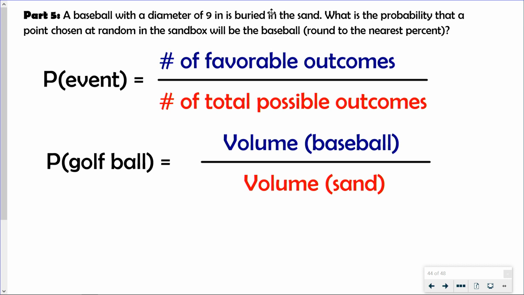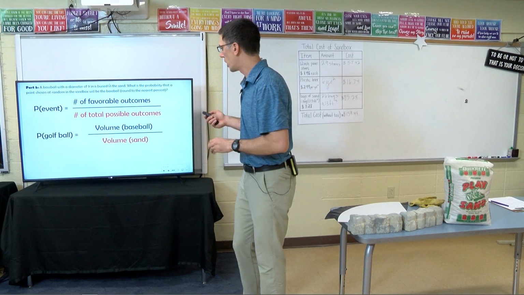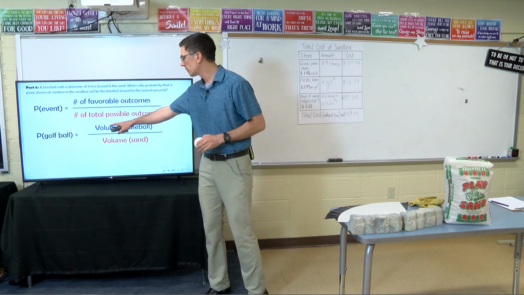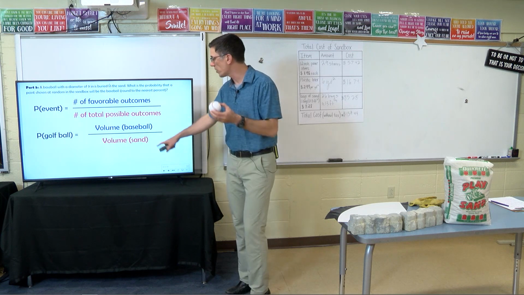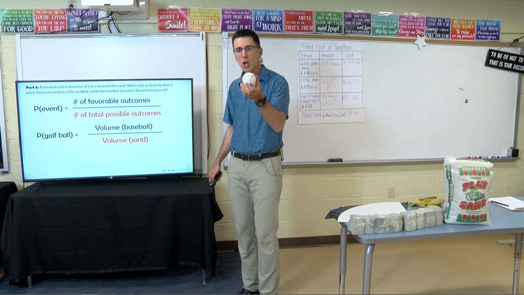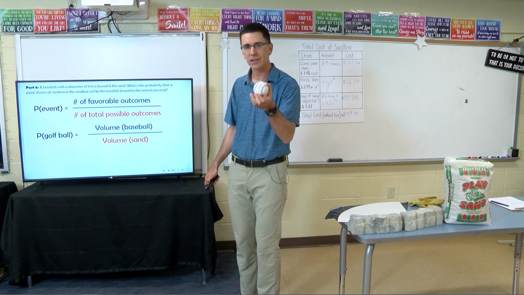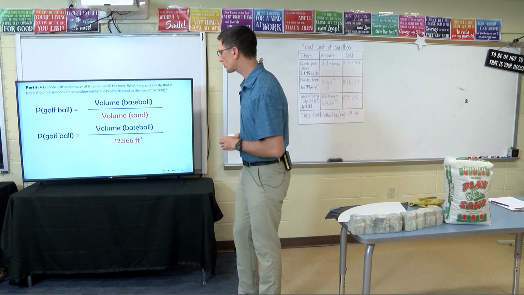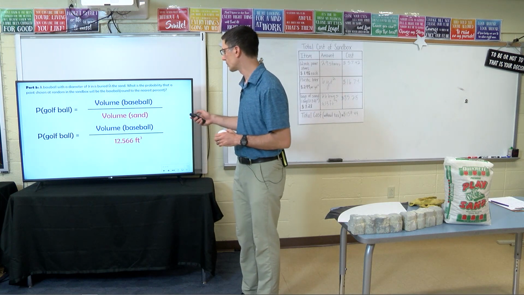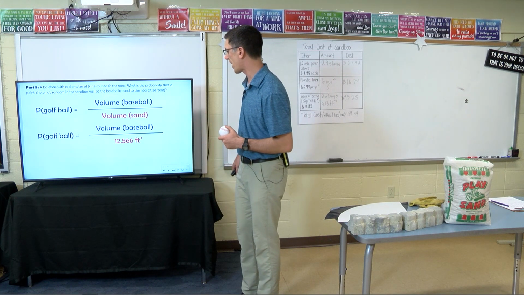Now, but this baseball is buried in that sand. It's within that sand. And what's the probability of a point chosen at random being in this baseball? Okay? So the probability of a baseball is going to be the volume of a baseball divided by the volume of the sand.